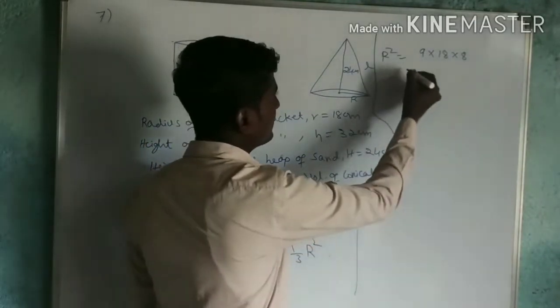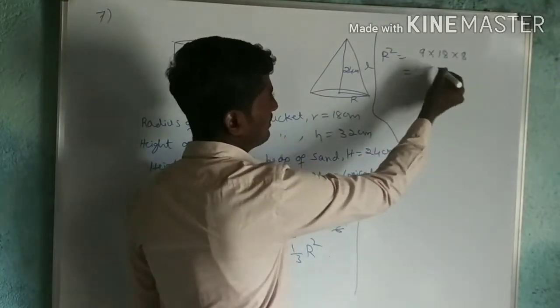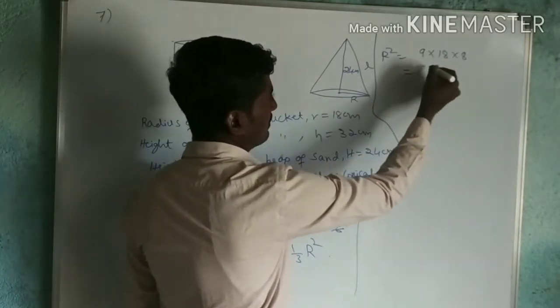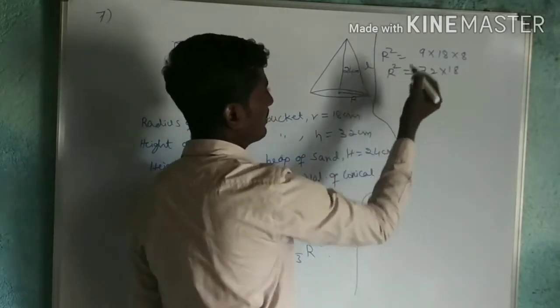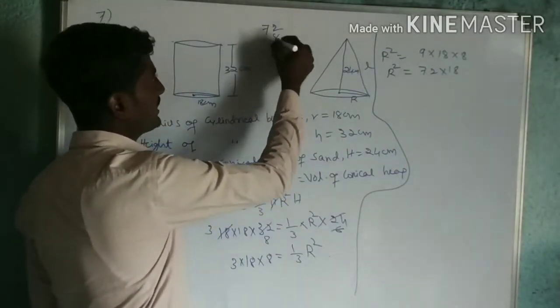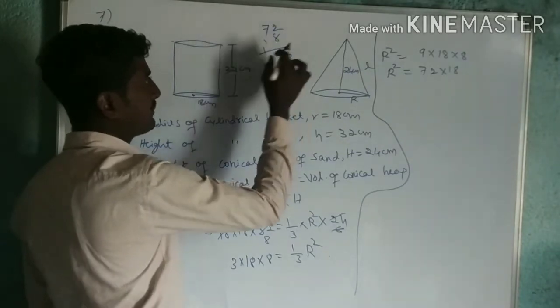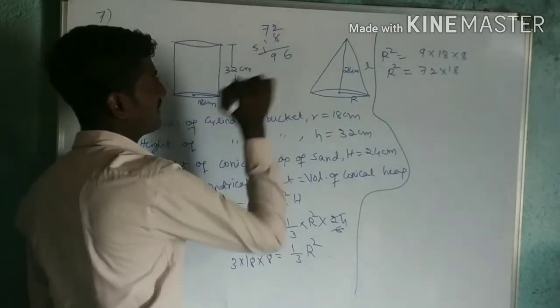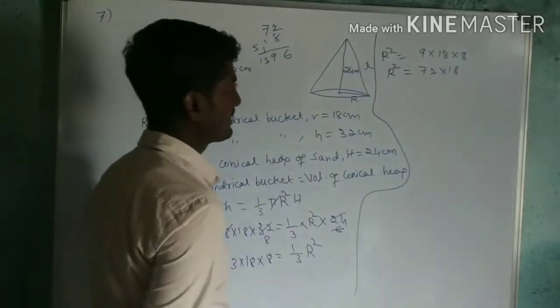So this R square is equal to 9 8s are 72, into 18. This is R square. Now multiply those two, 72 into 18. 8 2s are 16, 56 plus 2, 58, 58 plus 1, 59. 7 plus 5, that is 1396.